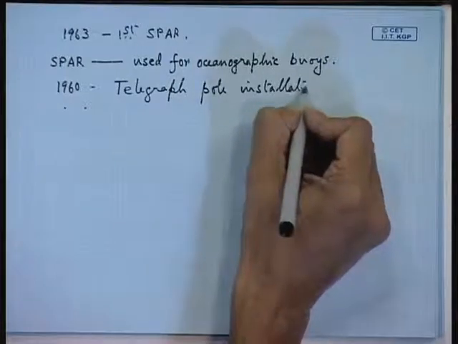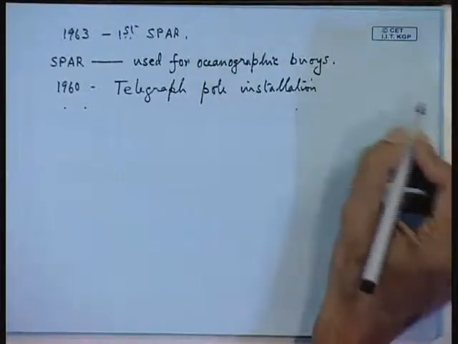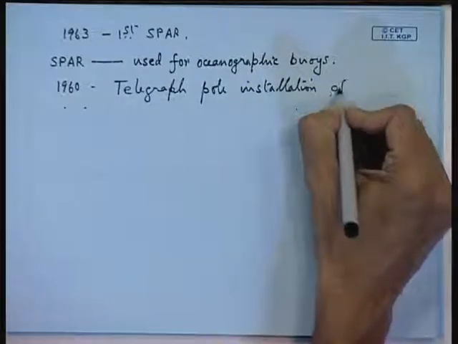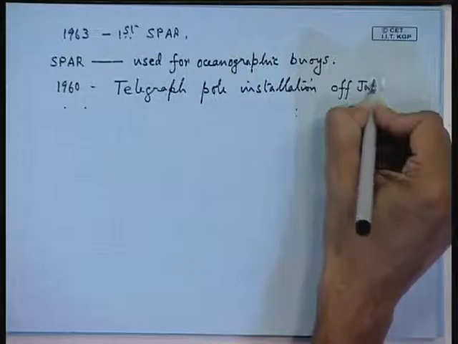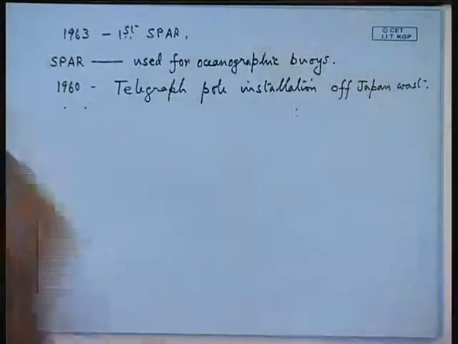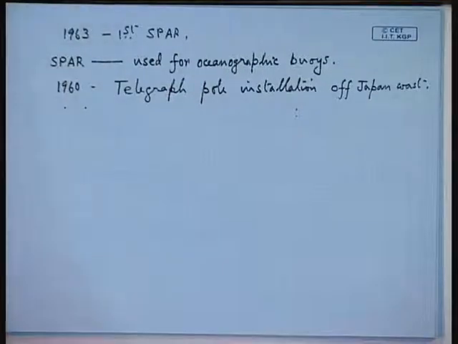So, remember the Japanese were doing this in the 1960s. So, this was off the Japan coast. And after this the US took up. Now, the hull diameter, I am giving you the North Sea.